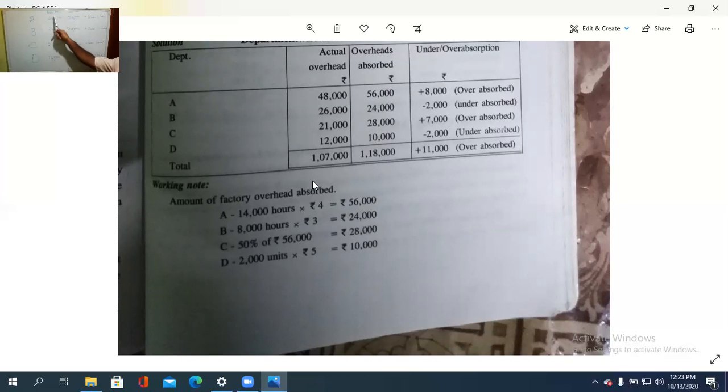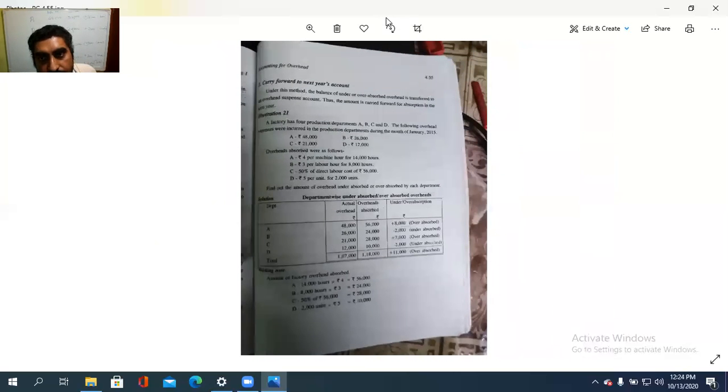For C, 21,000 is the actual while 28,000 is the predetermined, so 7,000 over absorbed. And for D, 12,000 and 10,000, 2,000 under absorbed. Taking the total deviation as plus 11,000, it is over absorbed, because the positive is more than the negative. So that is the case with regard to under or over absorption of overhead.